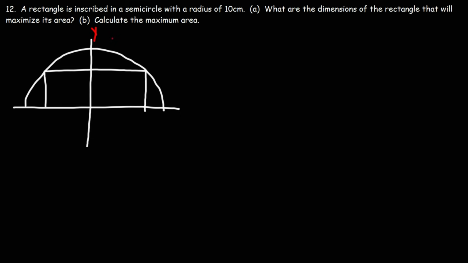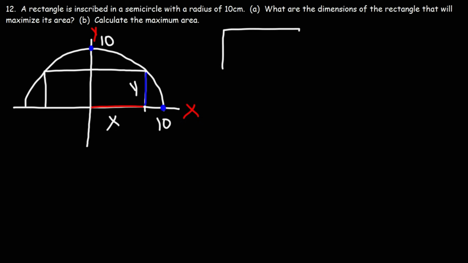So here's the y-axis and this is the x-axis. Now the radius of the semicircle is 10. So that means this point here along the x-axis is 10. And this point along the y-axis is 10. Now let's call this part of the rectangle x, and let's call this part y.